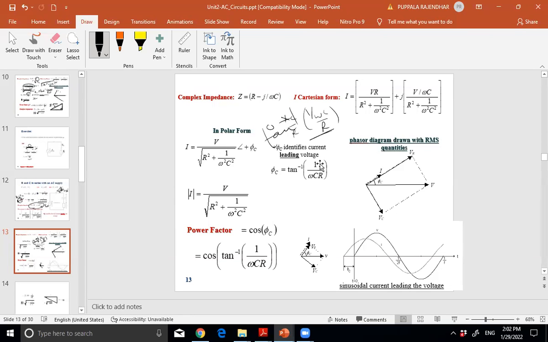And how to find the magnitude? V by Z, where Z is equal to R minus J into XC. So what is the amplitude? The square root of R square plus XC square. This is V by Z. It gives the amplitude, and with the help of tan inverse we will get the angle.